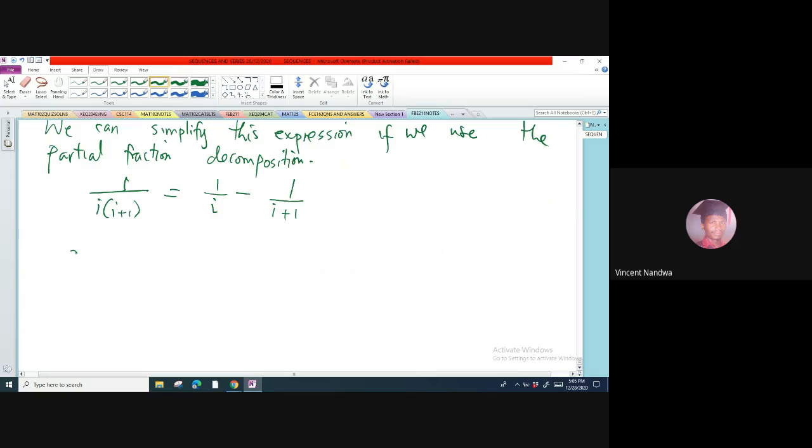So therefore, Sn, which is the summation 1 to n of 1 over i times i plus 1, equals the summation of 1 over i minus 1 over i plus 1.